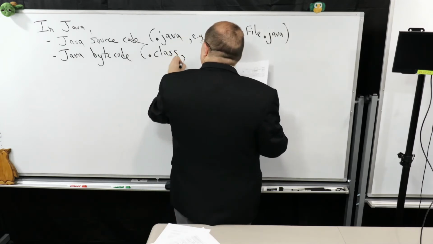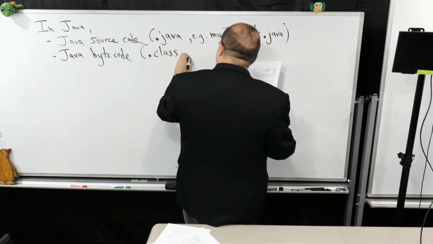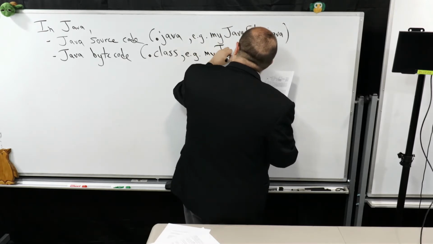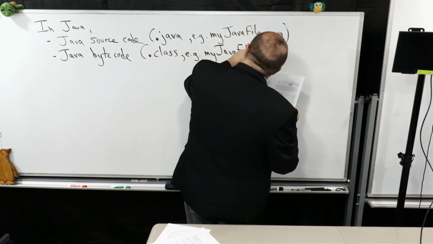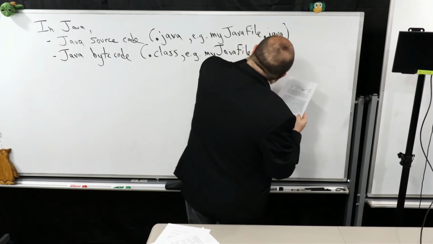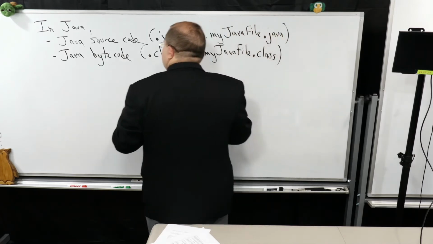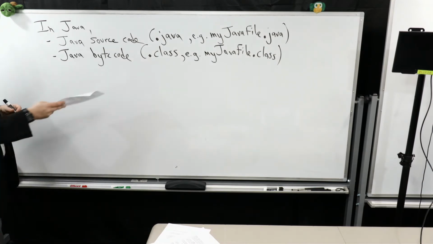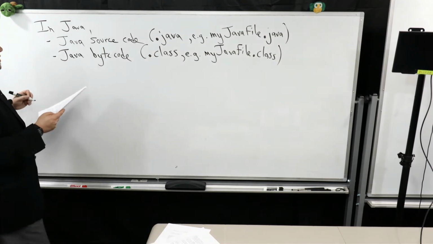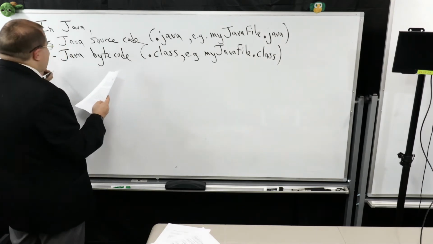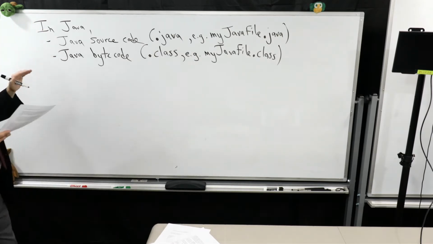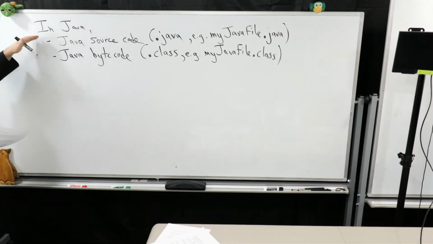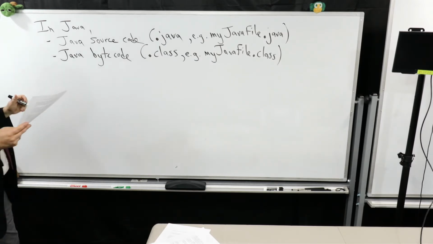These are .class files, so the extension is .class. For example, it would be MyJavaFile.class. You'll see why we call it class like this in a future video or lesson. And this bytecode is our compiled code from here, and it's for something very specific.